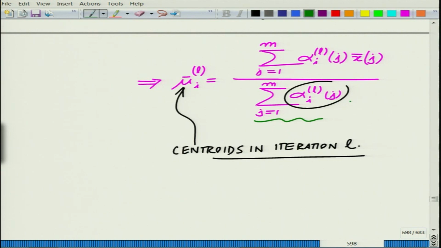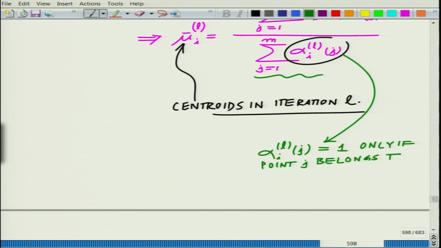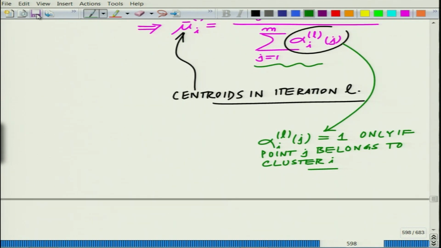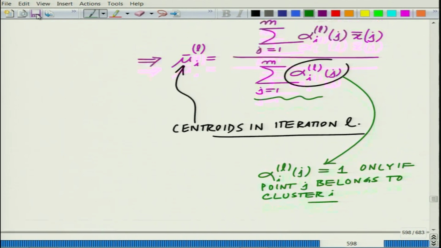Alpha_ij is equal to 1 only if point j belongs to cluster i, or class i.